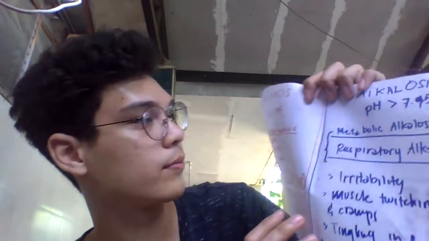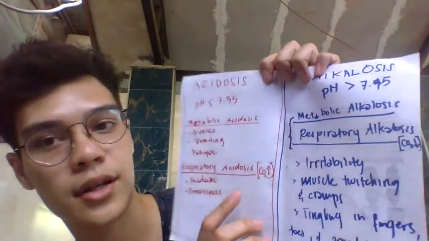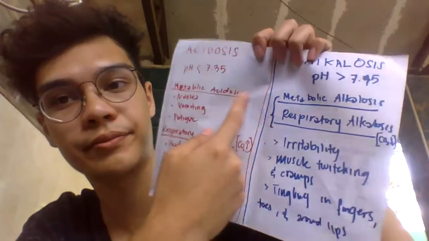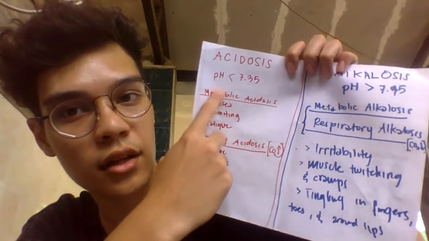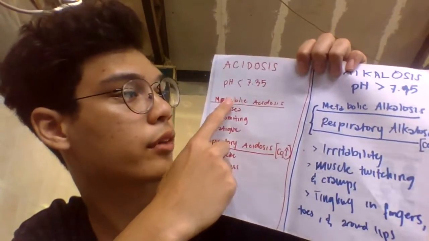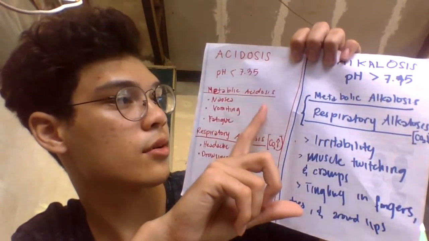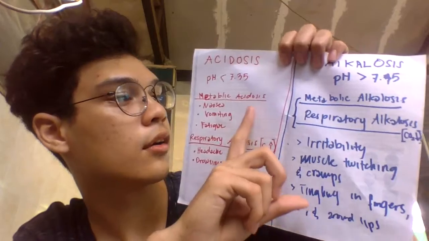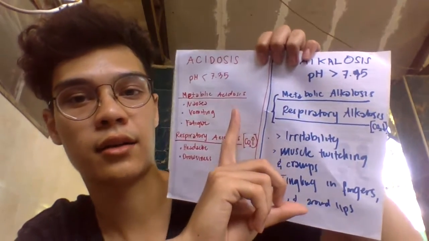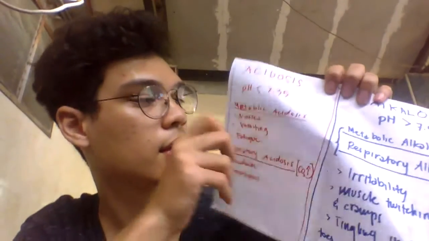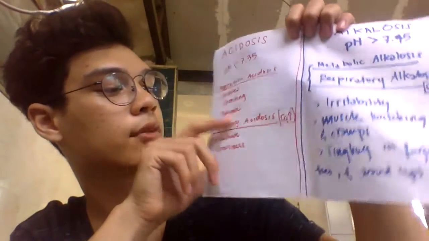So the last one is, what are the implications of acidosis and alkalosis? Acidosis is when the body's pH is less than 7.35. Two could happen. Metabolic acidosis is when too much acid is secreted by the body, and this causes nausea, vomiting, fatigue.